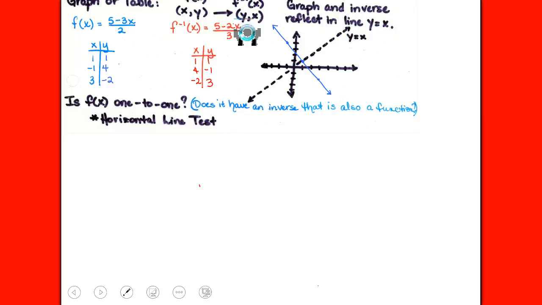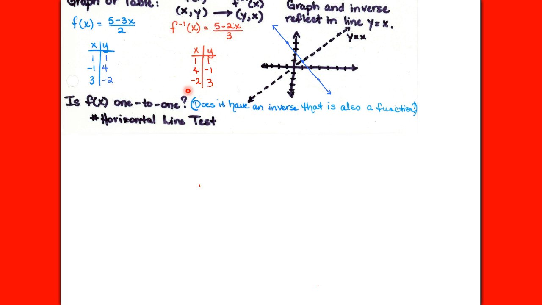They're just flipped, yeah. Remember the way that we created the equation of the inverse? We switched x and y, right? So that's why whatever is x in the original is y on the inverse, and whatever is y on the original is x on the inverse.